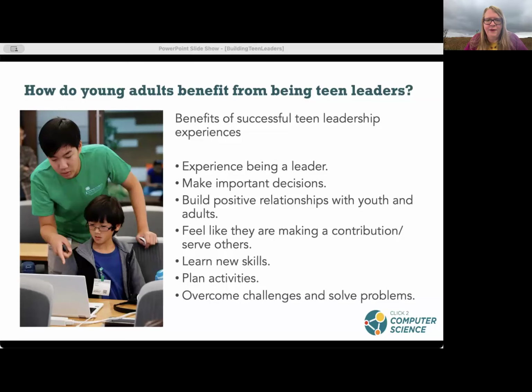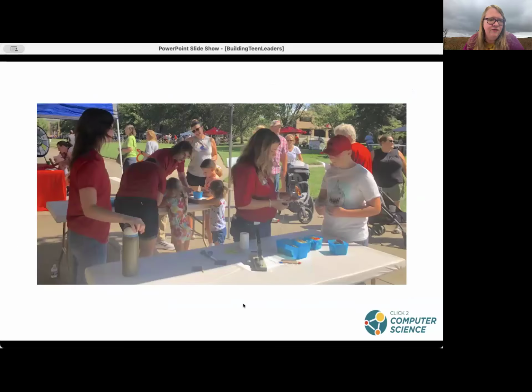Realizing our time is passing, I'll try to move us through. These are some of those interns that I had quotes from, working with the community in one of our outreach events. Each semester, when we bring in a new group of interns or have interns returning to us, I really think about who benefits, because it's not just us.